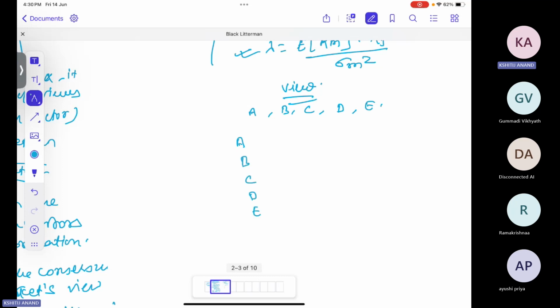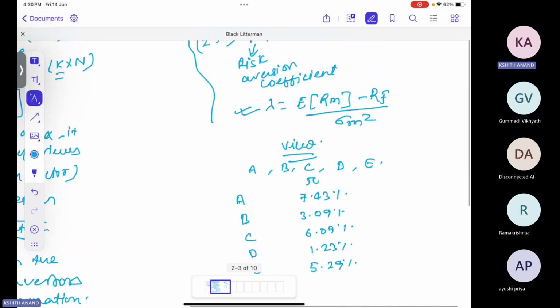So we have calculated the pi, that is the implied equilibrium return of these stocks. Let it be 7.43%, it can be 3.09%, it can be 6.07%, it can be 1.23%, and it can be for example 5.29%. So this is the pi that we get from the above formula.